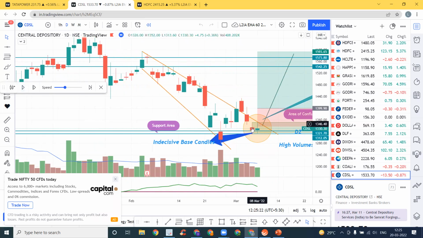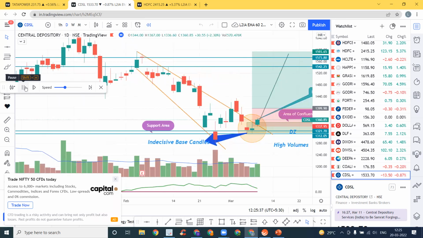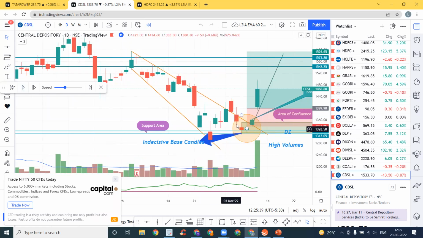So at this level, I'm seeing two indecisive candles are formed. There is a support area, and now I'm waiting for the next day. So the next day now the candle will start moving. A green candle is formed. So this is my demand zone pattern. Drop base rally is my demand zone pattern.